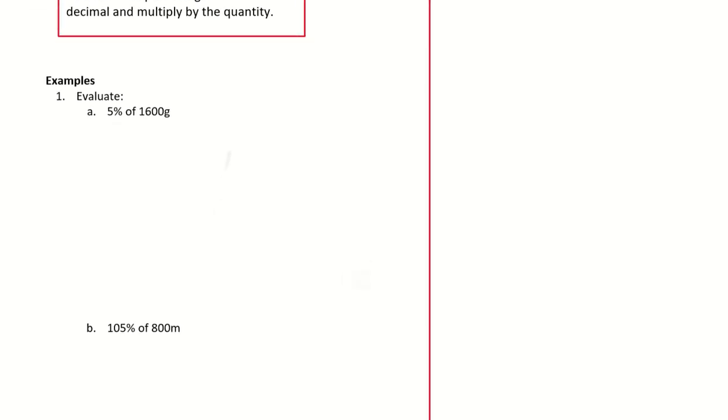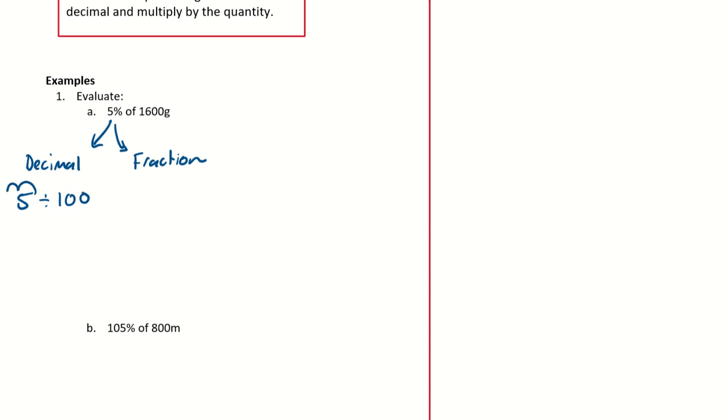So let's have a look at our first example. Here I have to evaluate 5% of 1600 grams. Now 5% can be written as a decimal or it can be written as a fraction. So to write 5% as a decimal, I'll go 5 and then I'll divide it by 100.